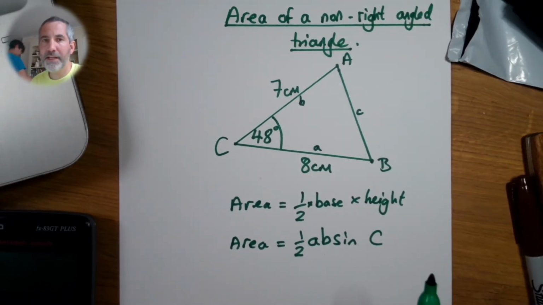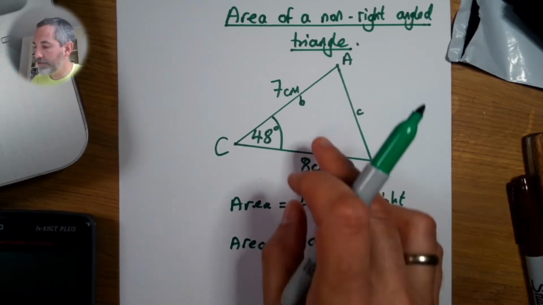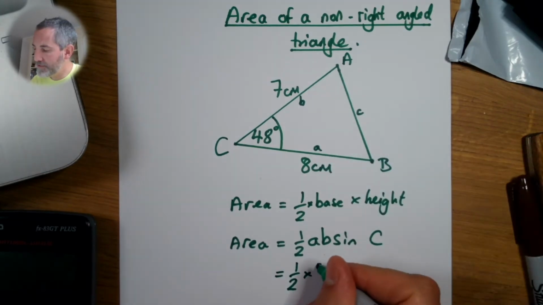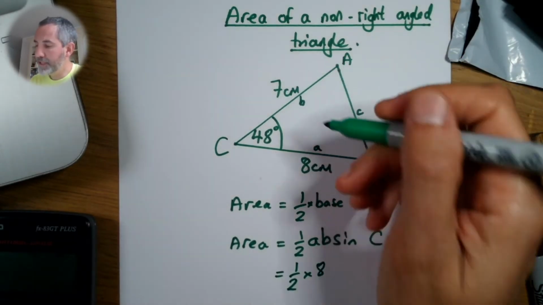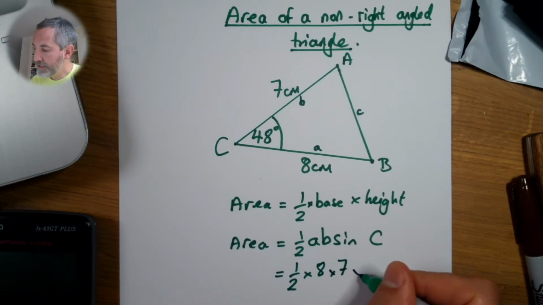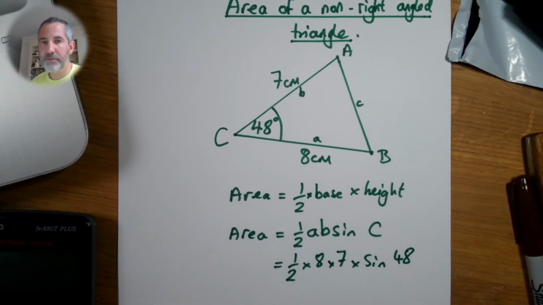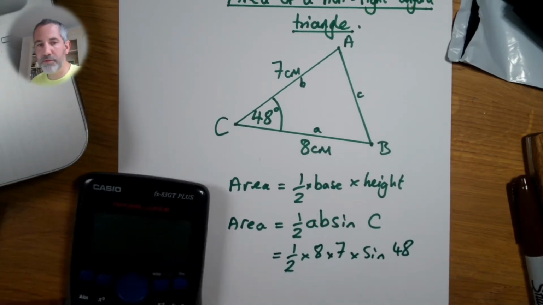I'm going to come back to that point in a minute, but let's work out the area of this triangle first. So, a half multiplied by a, well, I've said a is 8. And then multiplied by b, which I've said is 7, and then multiplied by sin C, and C is 48. So there's the working, and that's all you need to write down when you're doing your work.